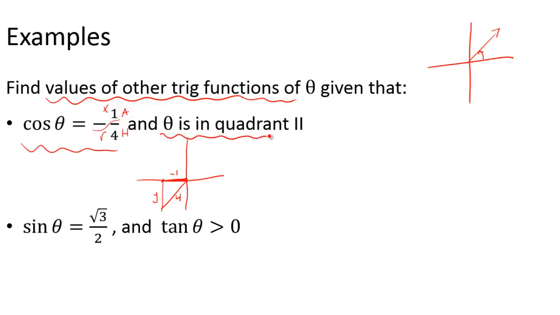Also, they tell us that theta is in quadrant 2. So notice that the picture I drew was in quadrant 3, but that assumed that y was negative, but we didn't actually know if y was negative or positive because we don't actually know what y is here. So I could have drawn it either here or here, right?